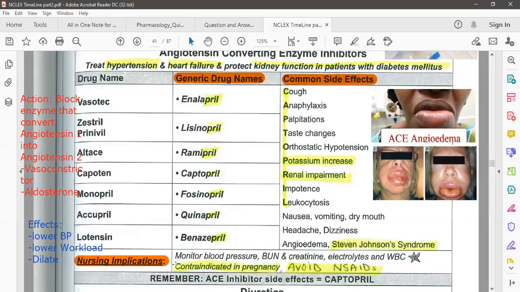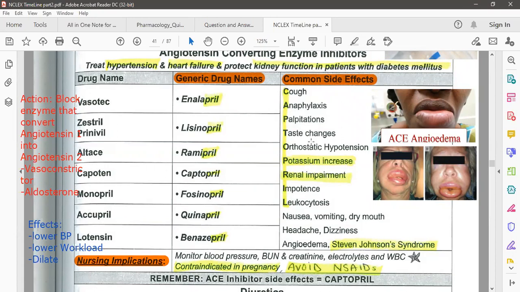So in this note, they gave an easy way to remember all of the side effects. If you remember the ACE inhibitor medication called Captopril, one of the medication names, Captopril, spelled CAPTOPRIL. C stands for cough, A stands for anaphylactic reaction, and P stands for palpitation.